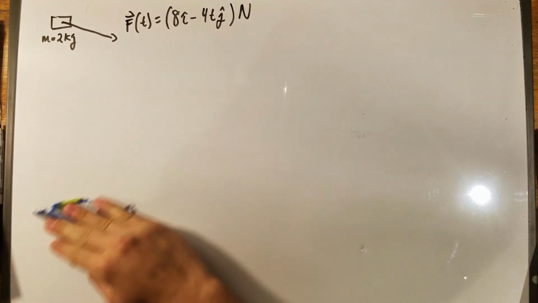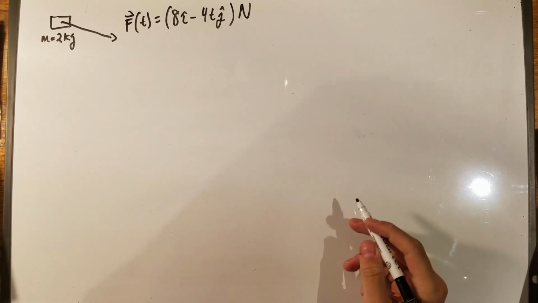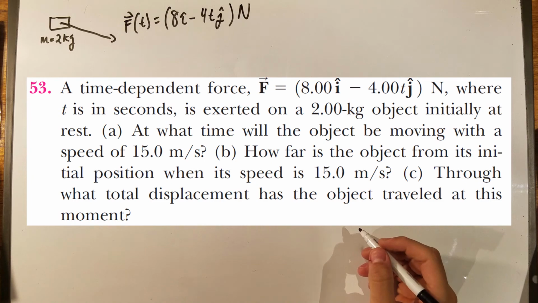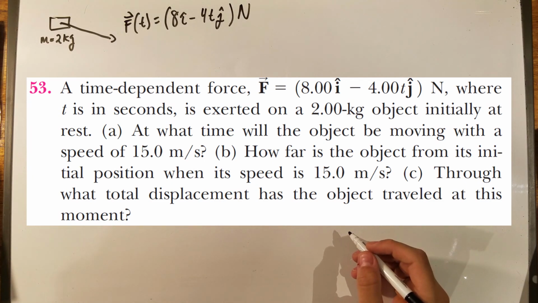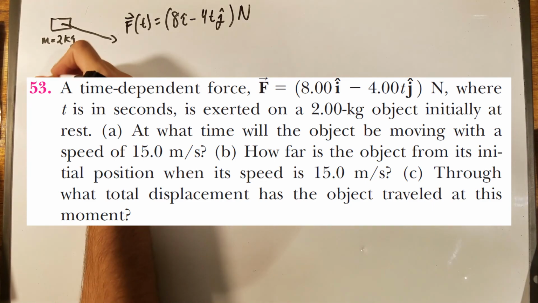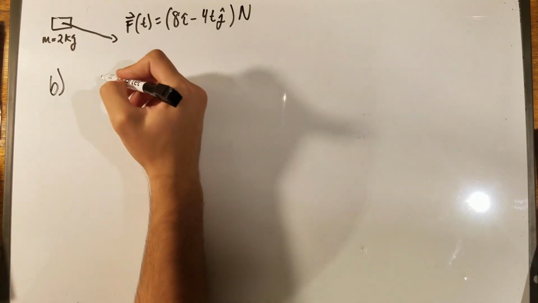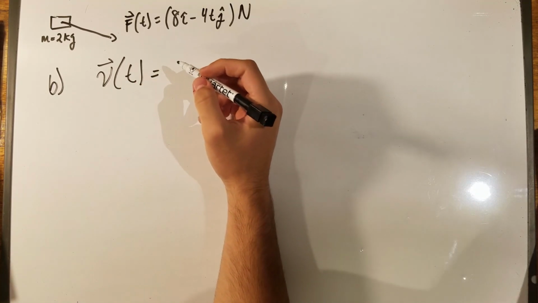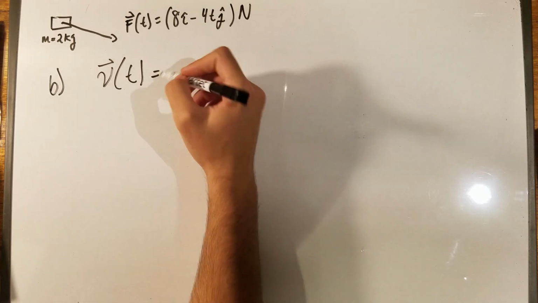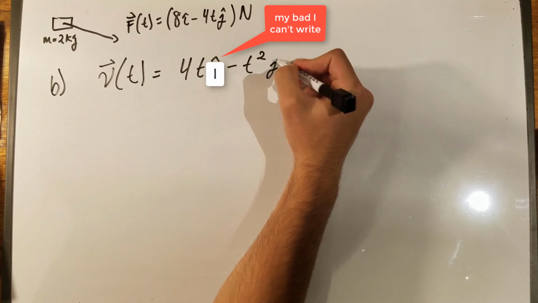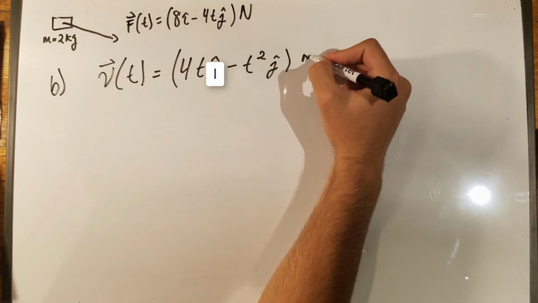Alright, so part B asks us to find the distance, or how far the object is from its initial position when its speed is 15 meters per second. We already have our velocity equation: the velocity vector as a function of t is equal to 4t i hat minus t squared j hat meters per second.